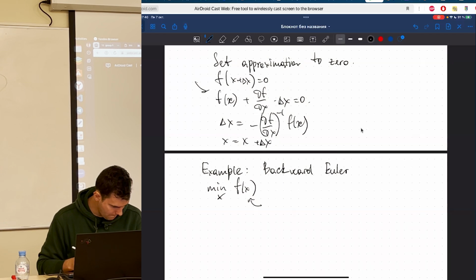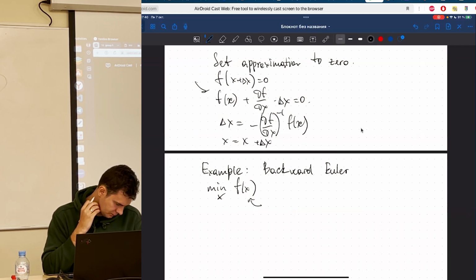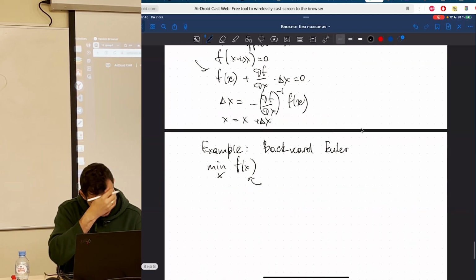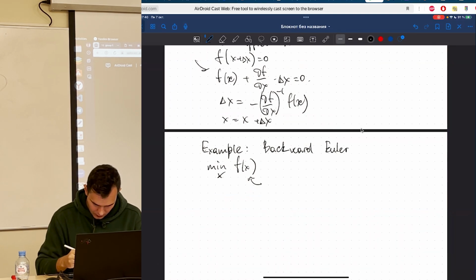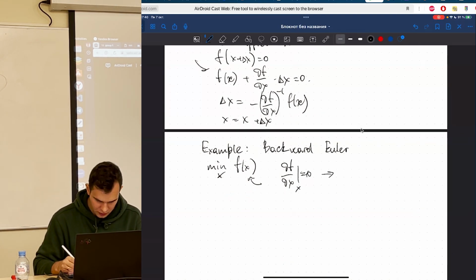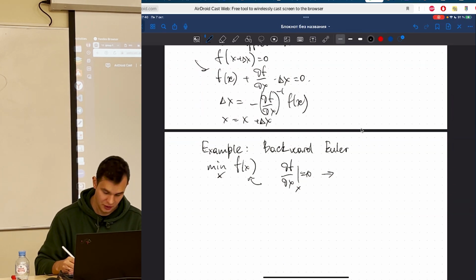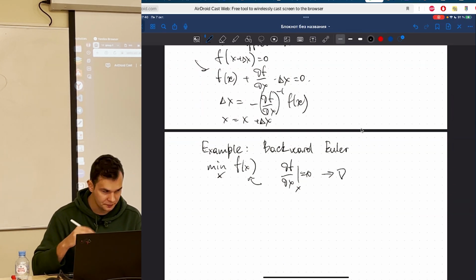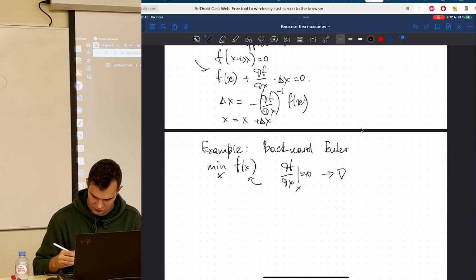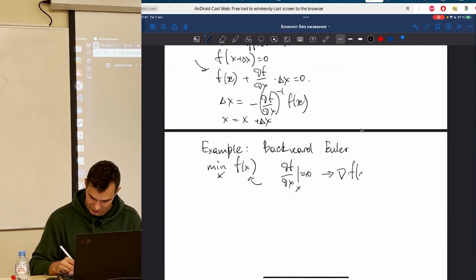And according to Newton's method, we need to use a partial derivative, and that partial derivative happens to be called a gradient, and it is denoted by this triangle, Nabla, Nabla notation.